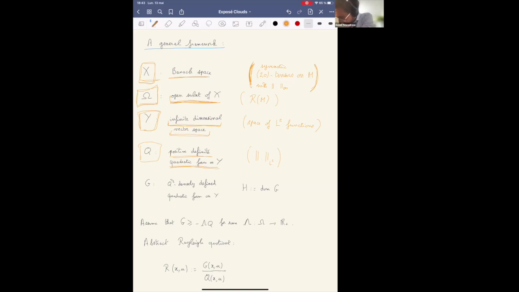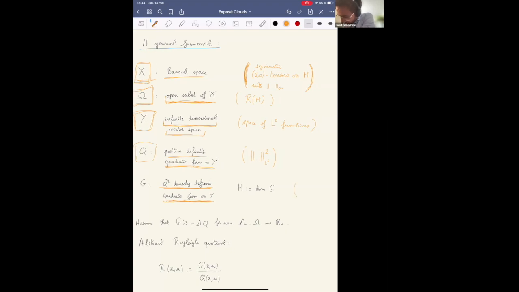So it would be the L2 norm squared, actually Q. And then we also need a densely defined quadratic form on Y. So this densely defined quadratic form, densely with respect to Q^{1/2}, so with respect to the L2 norm, would correspond to the Sobolev norm. Say if we're working in the case of Laplace spectrum, it's the squared Sobolev norm.